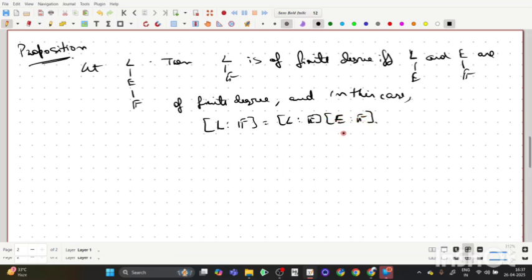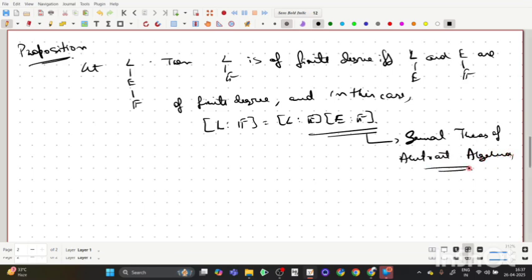Okay, you can relate it to vector spaces or you can relate it to cardinality of groups, but in some sense this is a very general theory of abstract algebraic structures. Okay, fine. Let's see the proof, and the proof is actually very simple. If you have studied vector spaces, then it's very simple to observe the proof.